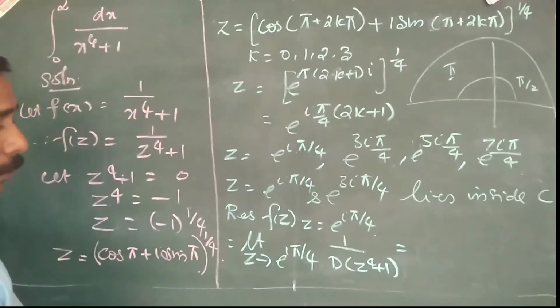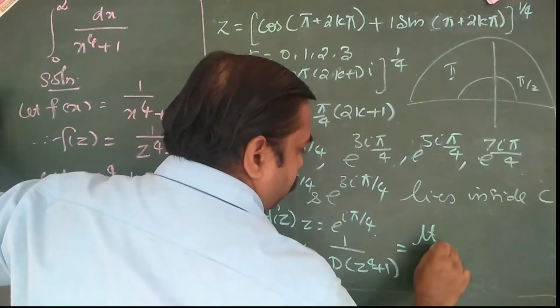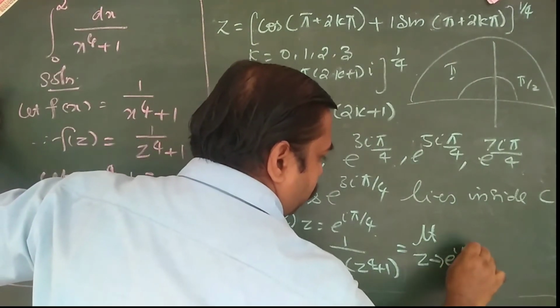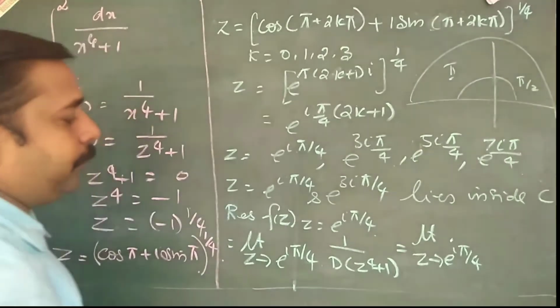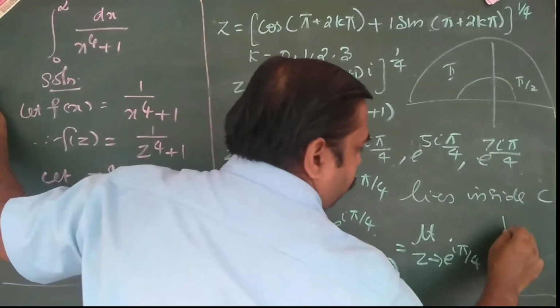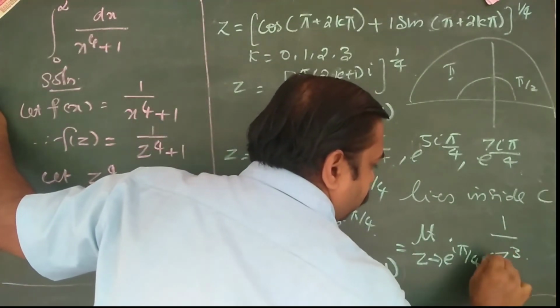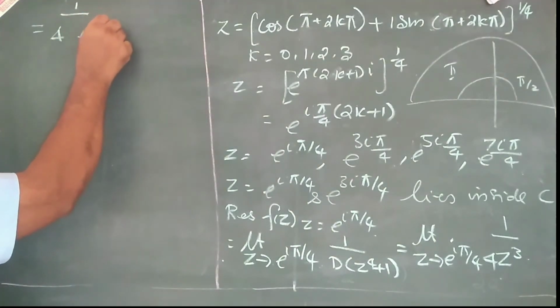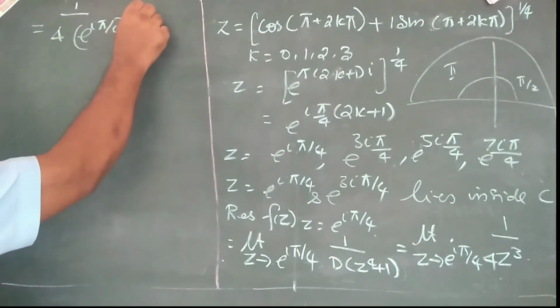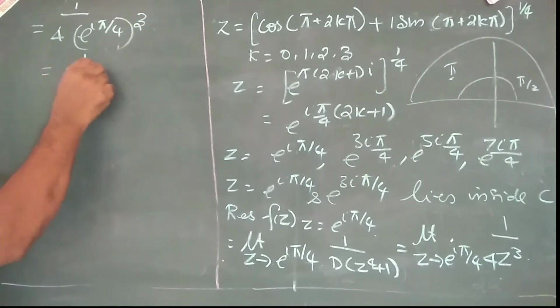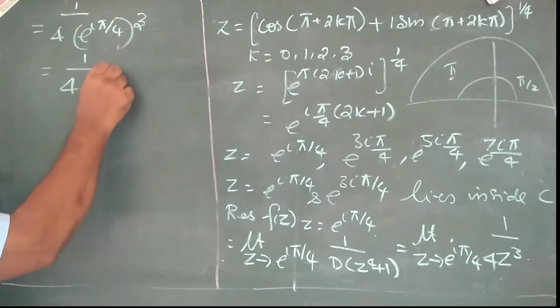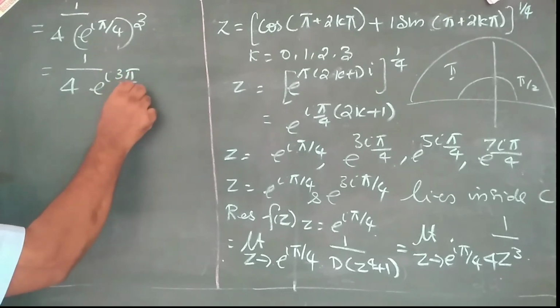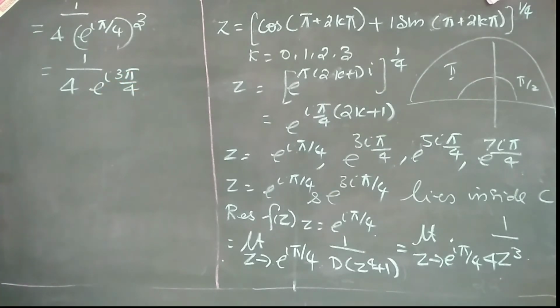So that is equal to 1 by 4 times e raised to i pi by 4, the whole cube. That is 1 by 4 into e raised to i 3 pi by 4. So this is R1.